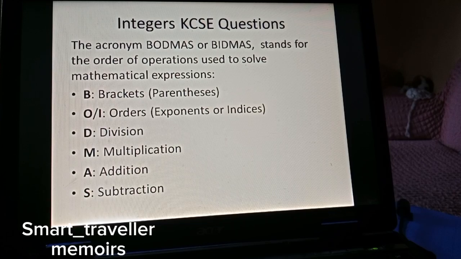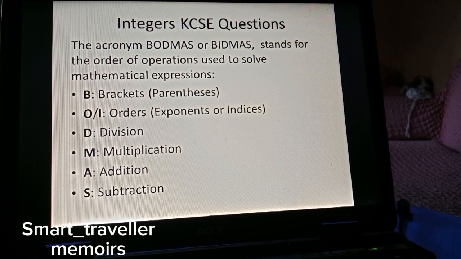In this maths tutorial, and since I'm dealing with integers, I'll start by just reminding those who would mind to be reminded that the acronym BODMAS or BIDMAS, whichever one you choose, stands for the order of operations used to solve mathematical expressions.